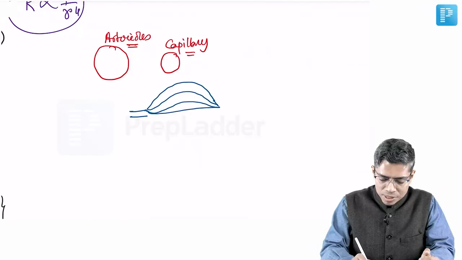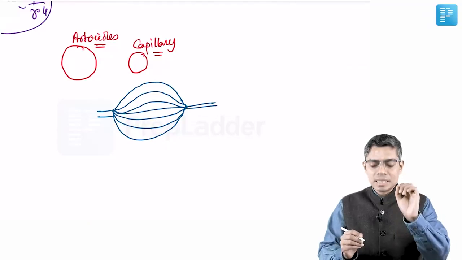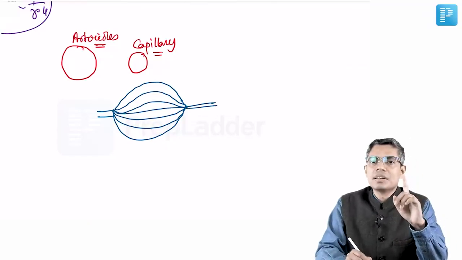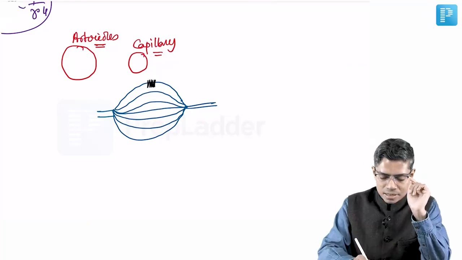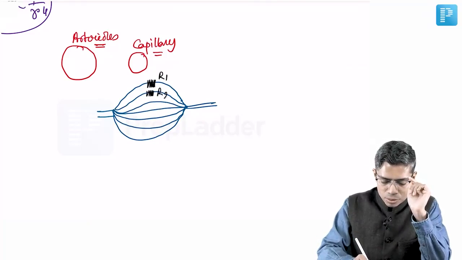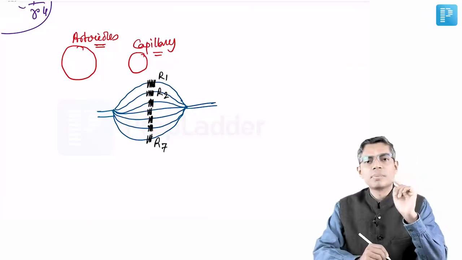So capillaries will be present in a parallel circuit like this. If you calculate the resistance of a single capillary, remember, very important, suppose this is R1, the resistance of a single capillary, and R2, R3, R4, R5, R6, or this is R7, what will happen?